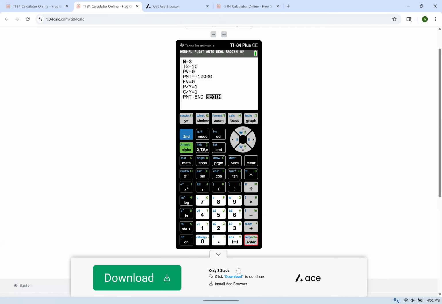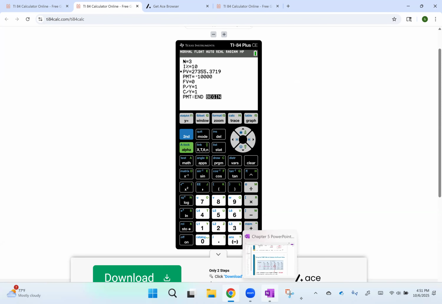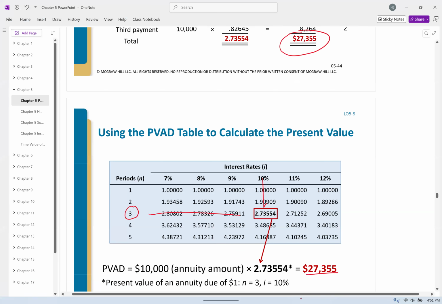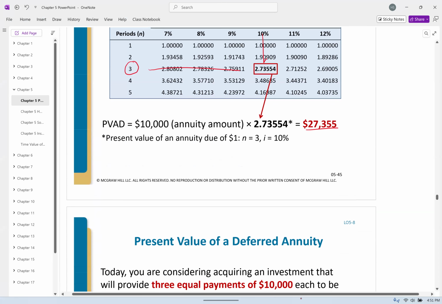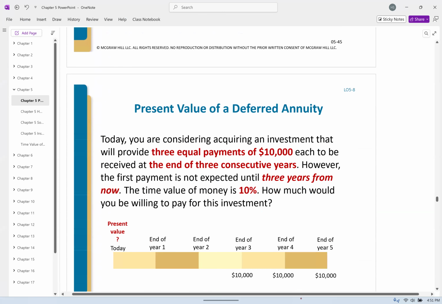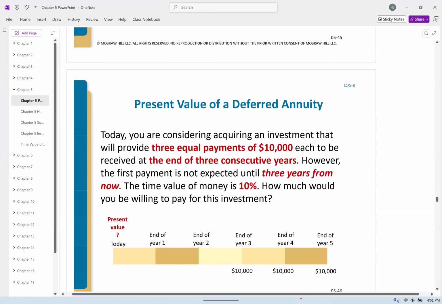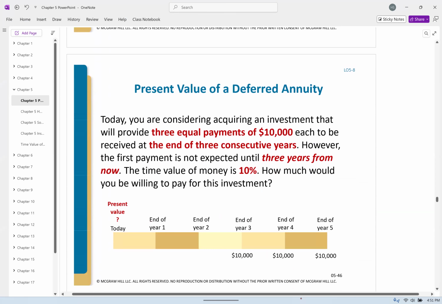We're going to hit beginning of the period and then alpha enter for our present value. We get 27,355. Okay.